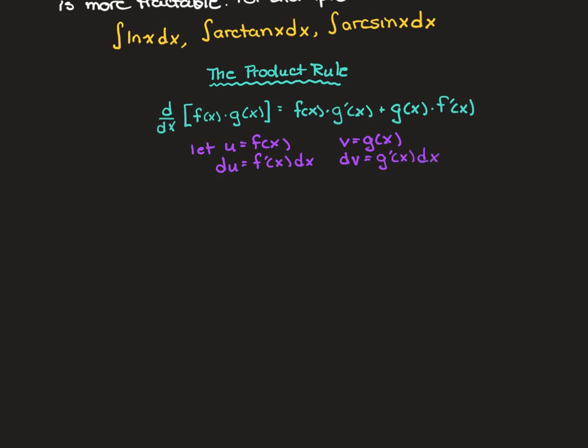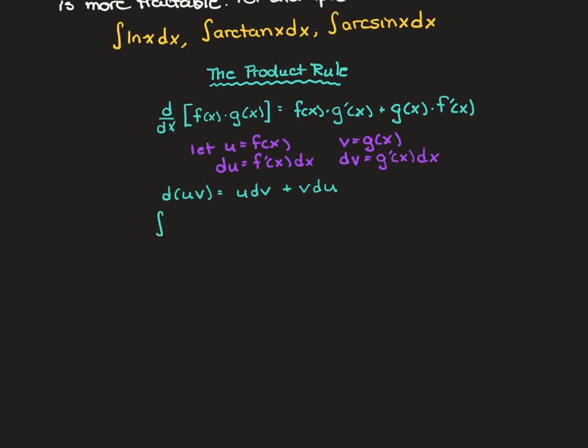So now I'm going to rewrite what I had before in terms of u and v. So the derivative of u times v by the product rule is u times the derivative of v plus v times the derivative of u. And now I'm going to integrate both sides.